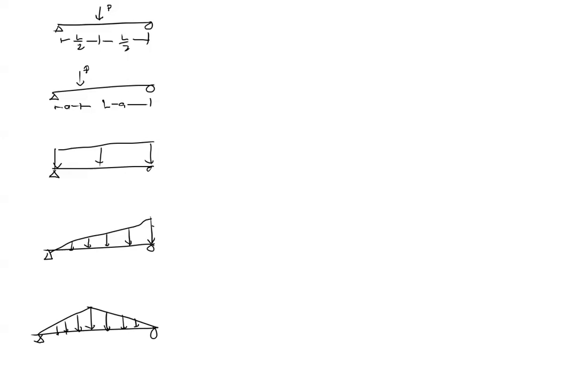So, unahin lang muna natin yung moment function nito. Moment function niya is equal to, na-solve na natin kanina, P over 2 x minus P x minus L over 2. Ayan yung moment function natin. Ito magiging tricky lang.